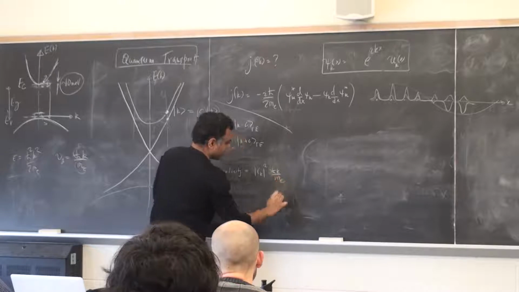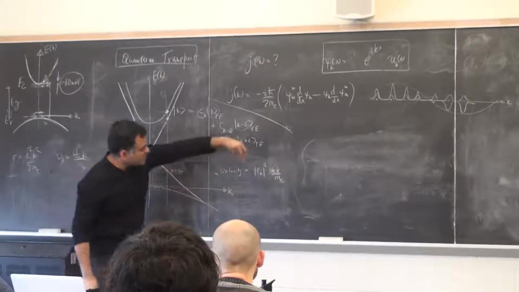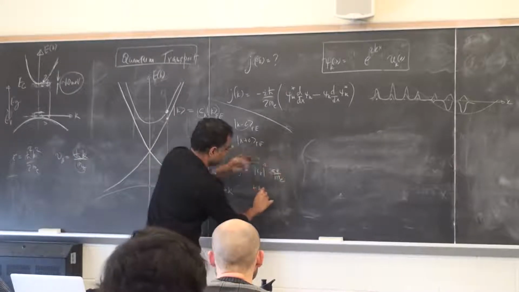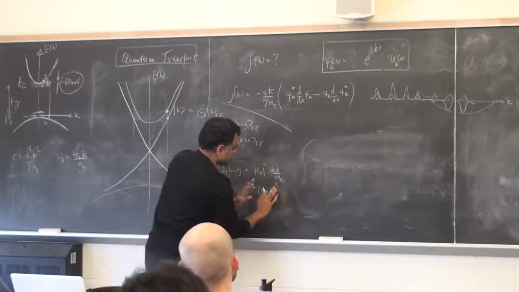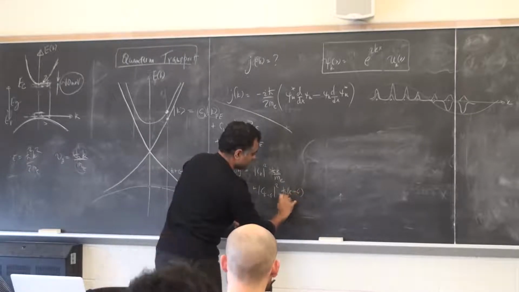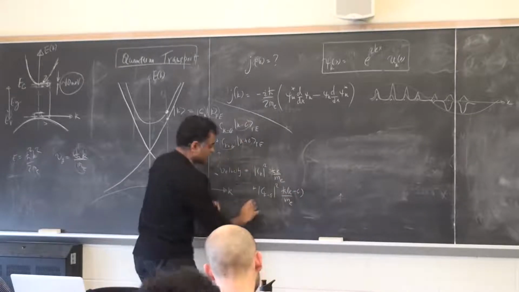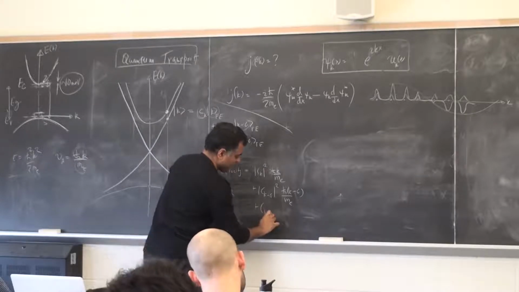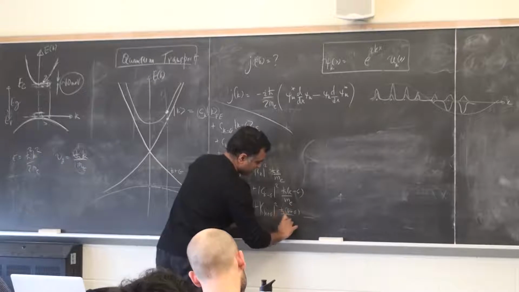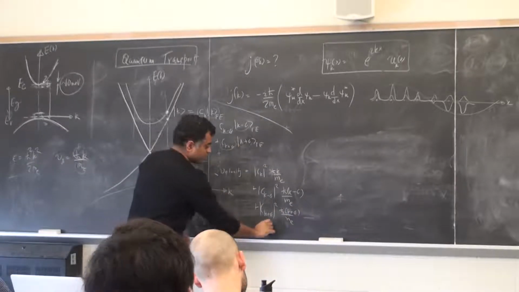I hope you can see what I'm trying to say. The velocity will have this much probability of being this velocity, plus |c_{k-g}|squared, the amplitude squared being the probability, times h bar (k minus g) over the mass of the electron, plus, and so on. Does that make sense, what I'm doing here?